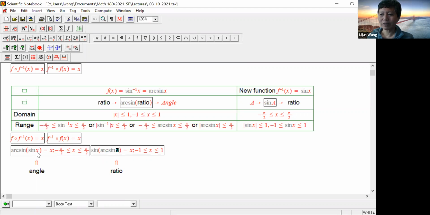So even though they have the same name, they don't mean the same thing at all. They're not even in the same category.